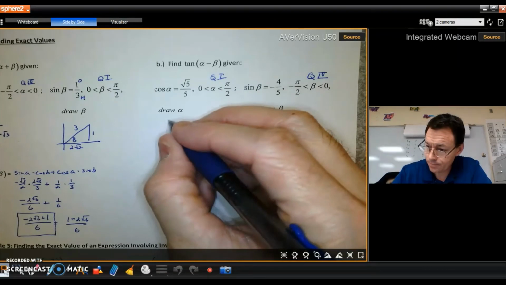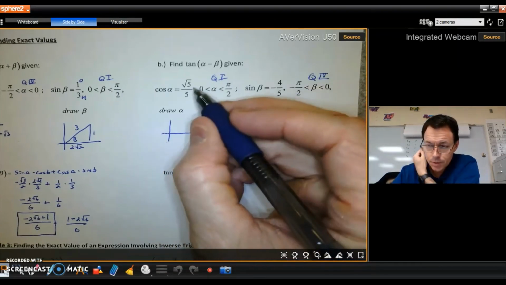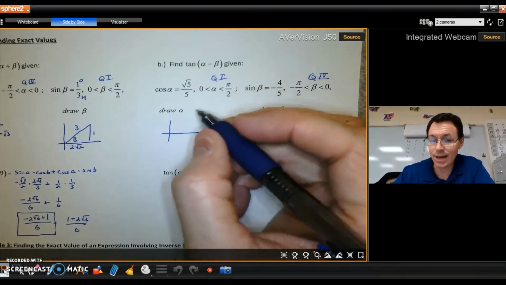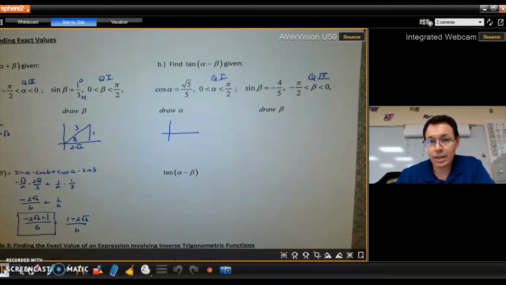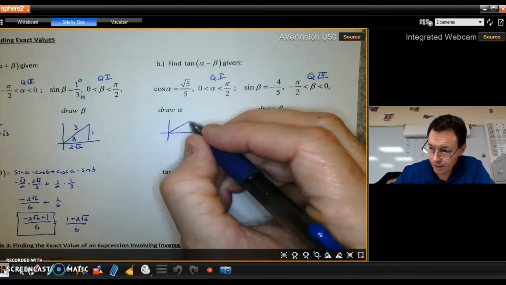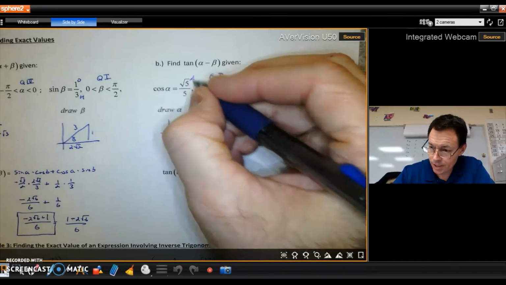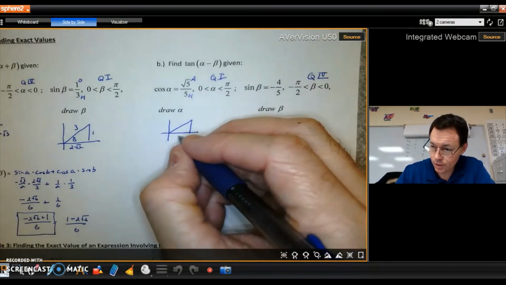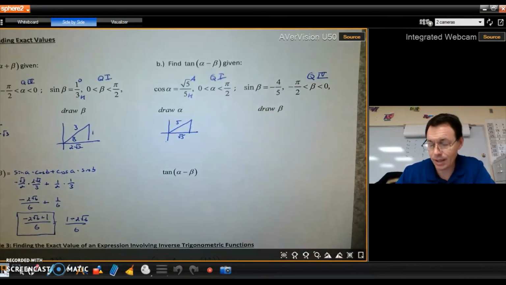So angle A. I know the cosine is radical 5 over 5. Now, I could leave this. So here's my triangle. This is my adjacent, and this is my hypotenuse. So this could be radical 5, and this could be 5.